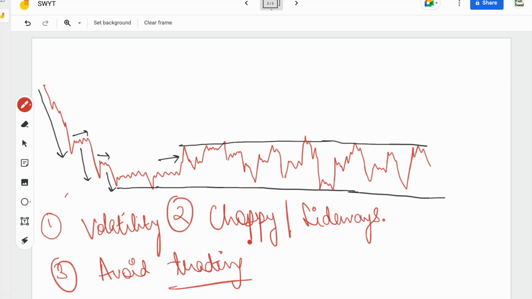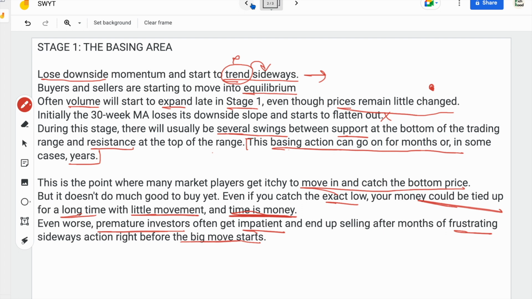It's your job to decode it a little bit and discuss with me in the comment section. That is where I can give you more secrets. But understand, you don't have to trade here. You might buy or you might sell, build your positions, but you should not trade here. This is exactly how your stage 1, the basing, looks, right?